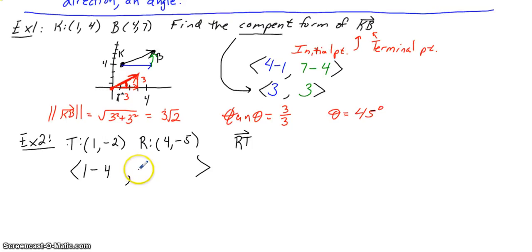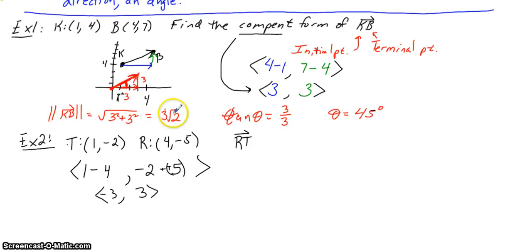Then do the same thing for the y, terminal minus initial. I did it again. 3. Oops, -3. Now, not the same vector.